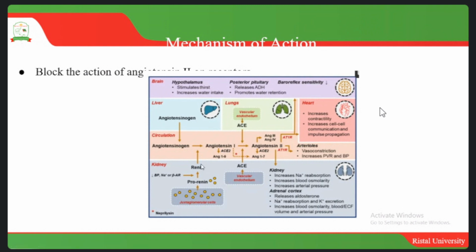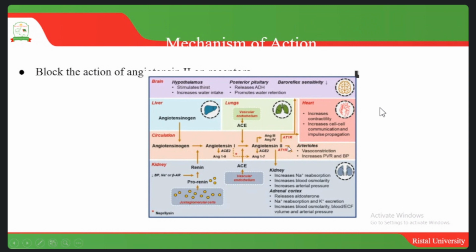Endothelium, it will affect the lumen of the blood vessels, and when it affects the lumen of the blood vessels, it causes something like production of cytokines, and there will be release of the angiotensin 2 enzyme, which will also cause an effect onto the kidneys.